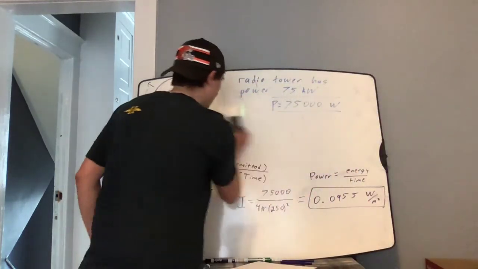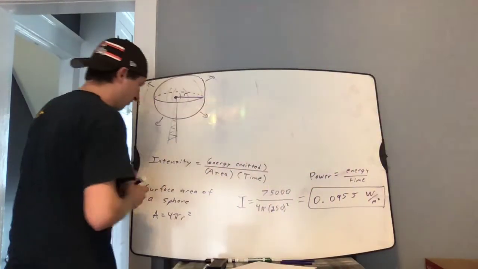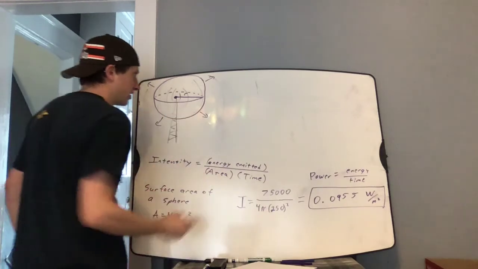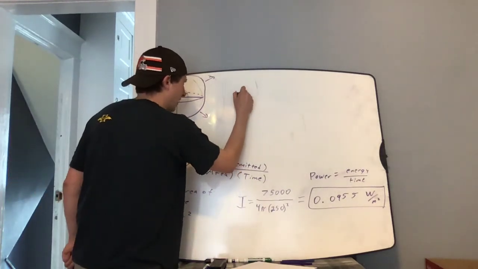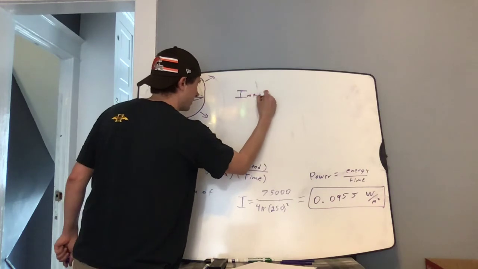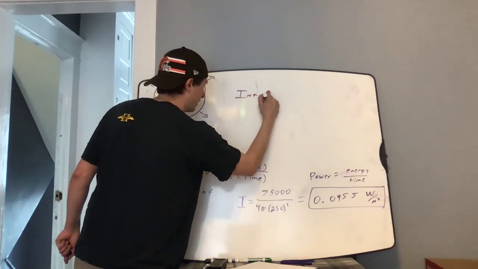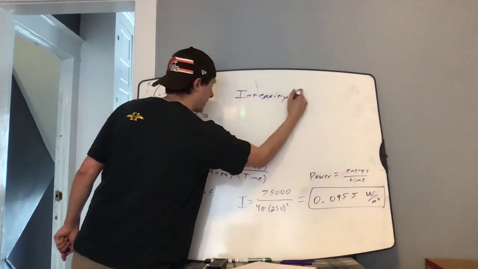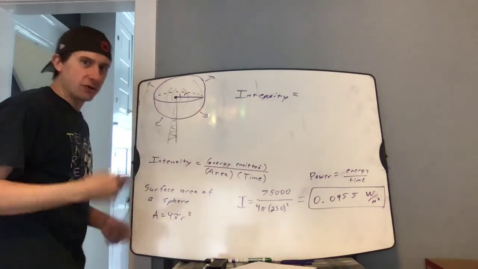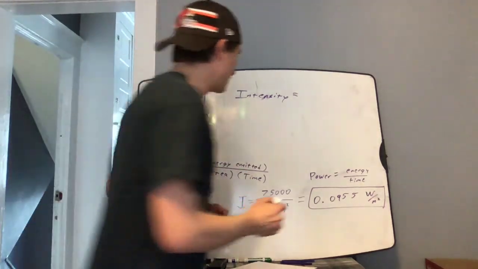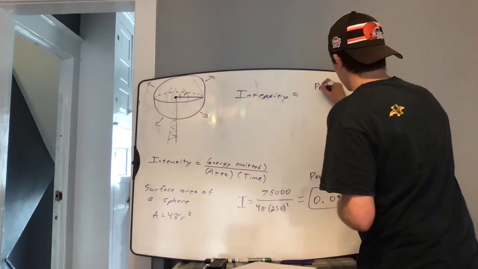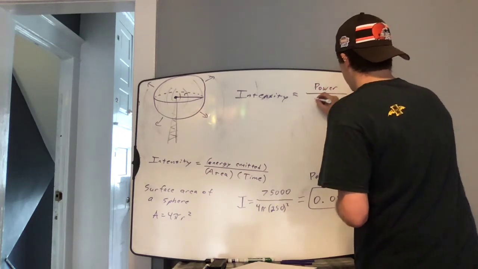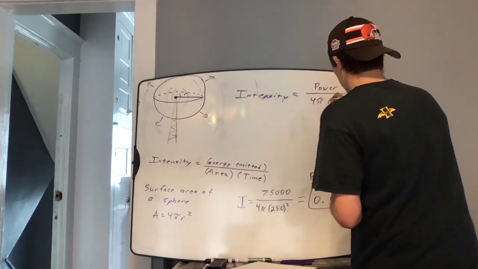Because if the waves are spreading out in a spherical pattern, I could write the intensity of the light as the energy output divided by time, so the power of the signal, divided by 4 pi r squared.